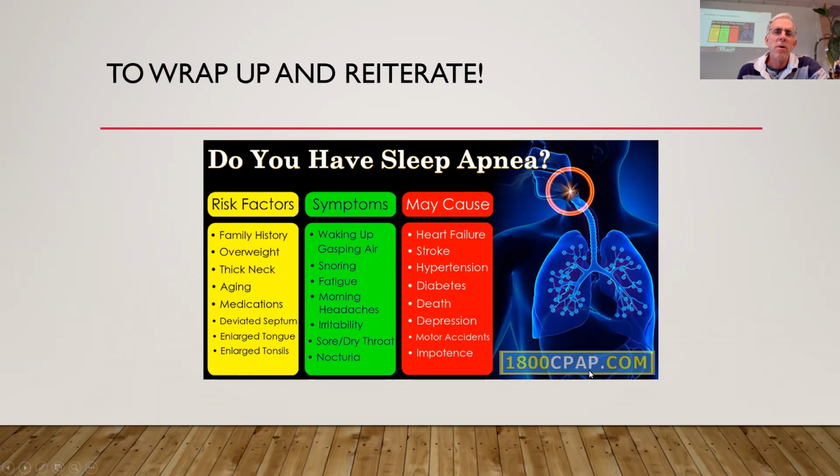So, just to reiterate, do you have this? What are the risk factors? What are the signs and symptoms to pick up on? And then what actually are the ramifications? Because some of these things may cause heart failure, stroke, hypertension, or at least put you at greater risk if they're not directly building up to that.